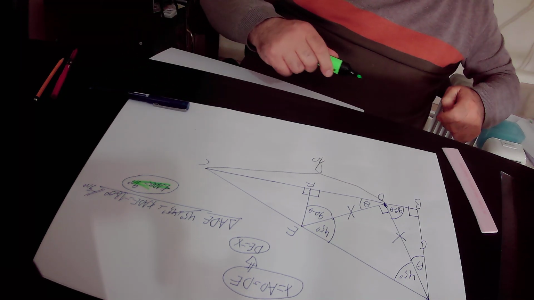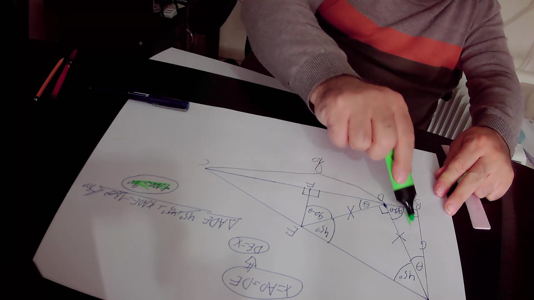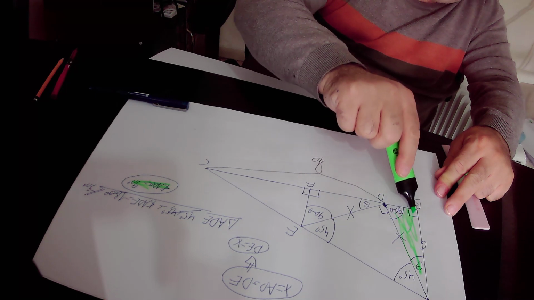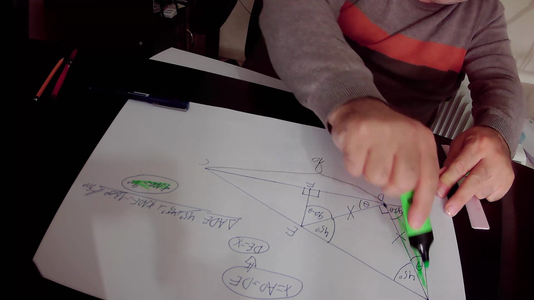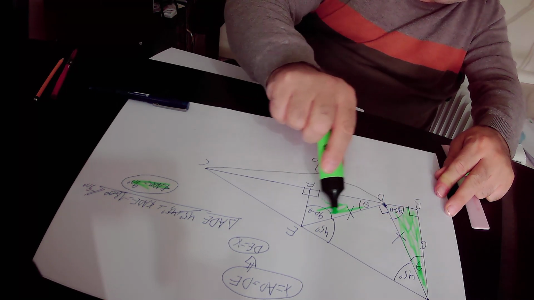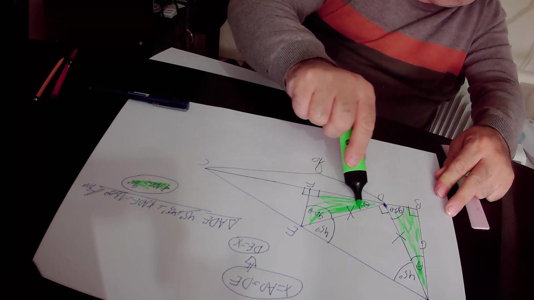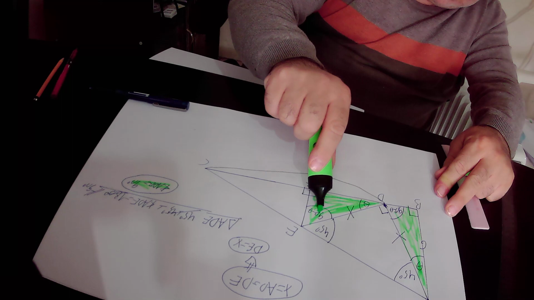And more than that, we will prove that the two right triangles can go into each other. Why can those two right triangles go into each other?